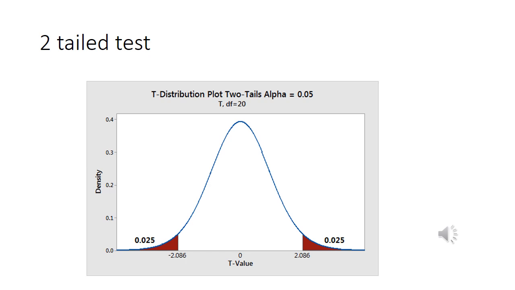We are saying that the population mean is equal to 6 months, and the alternate hypothesis is that it is not equal to 6 months. So the rejection region is on both sides of the curve.